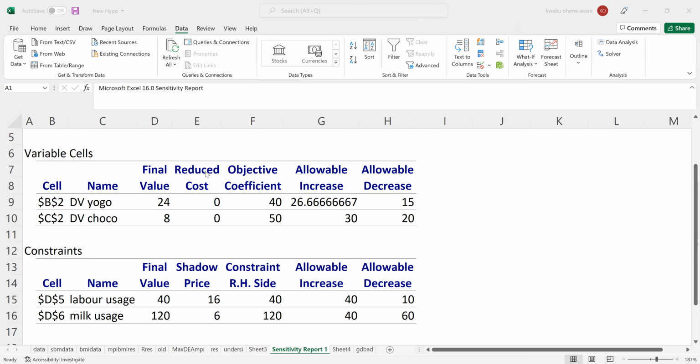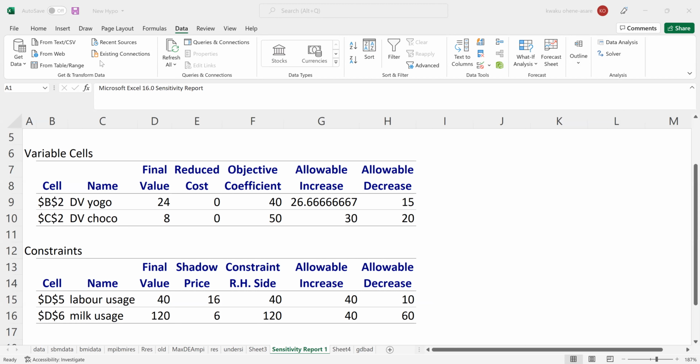So this sensitivity report is not a joke. The only thing you will have in an exam after the preamble is a sensitivity report, and your job is to answer the questions related to it.